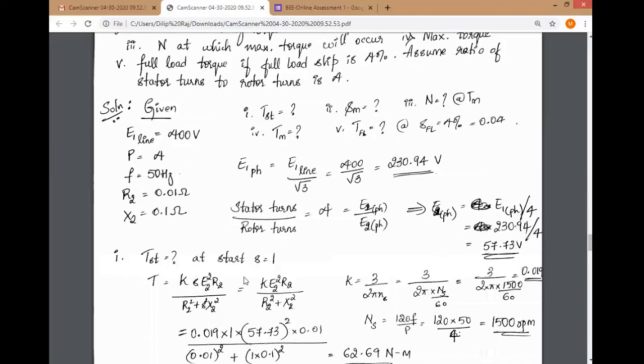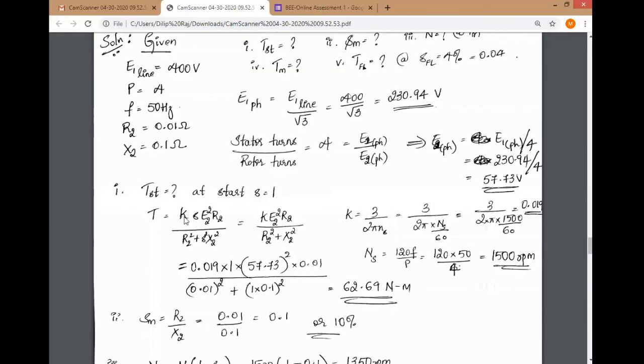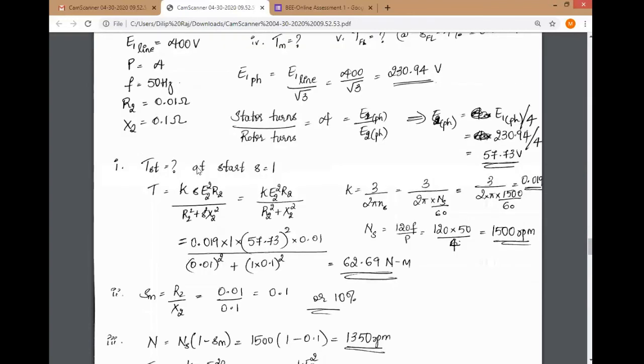We know at starting S is equal to 1. So use the general torque equation to calculate the value of proportionality constant K, which is given by 3 by 2 pi ns. ns is nothing but capital Ns by 60. Capital Ns is given by 120 F by P. F and P values are already given, so Ns will be 1500. 1500 by 60 will be small ns. So the value of K will be 0.019. Take that value, S is 1.